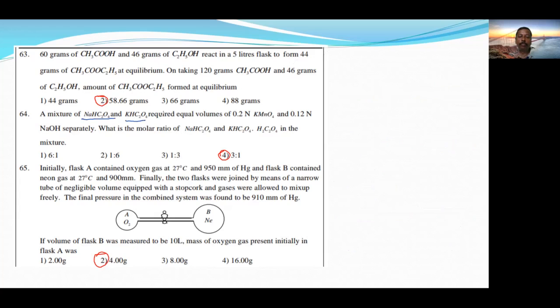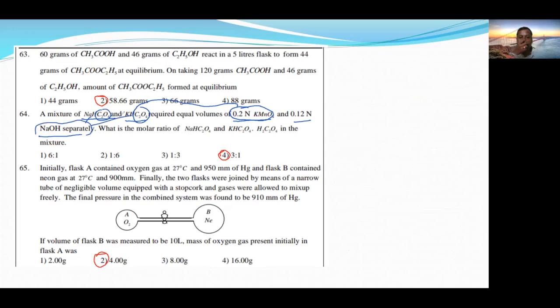NaHC2O4 and KHC2O4 required equal volumes of 0.2 normal KMnO4 and NaOH separately. See here, it is a redox titration as well as an acid-base titration. When I use KMnO4, it will convert C2O4 into CO2, whereas NaOH will neutralize this hydrogen and this hydrogen.